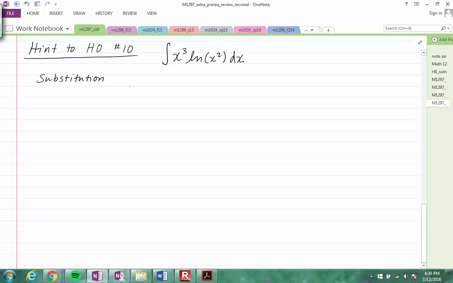If you pursue substitution, u equals x squared turns out is going to work really nicely.